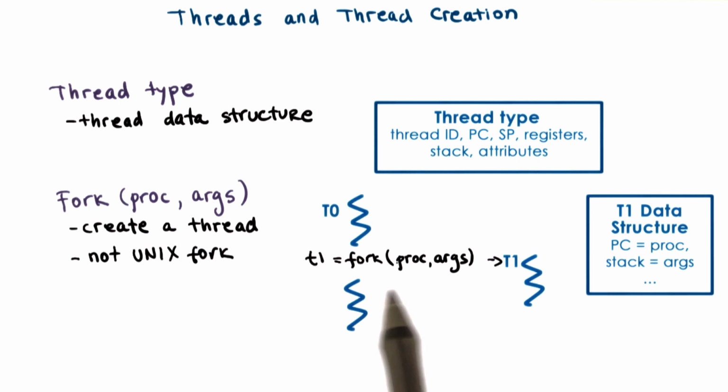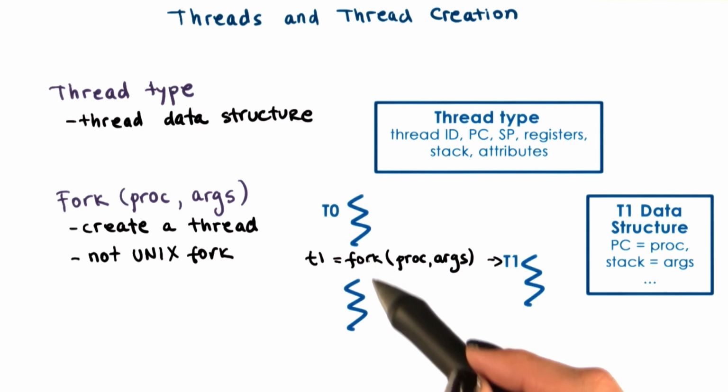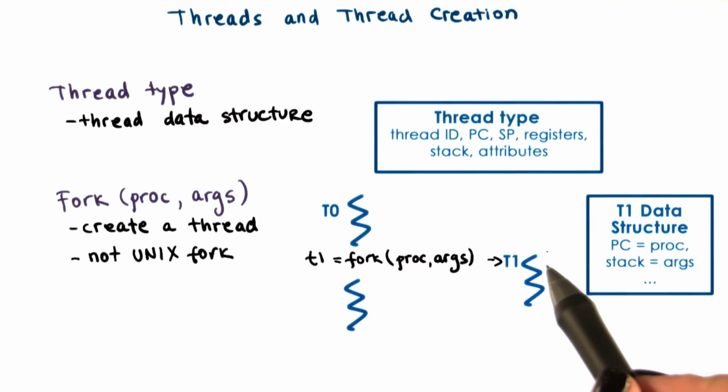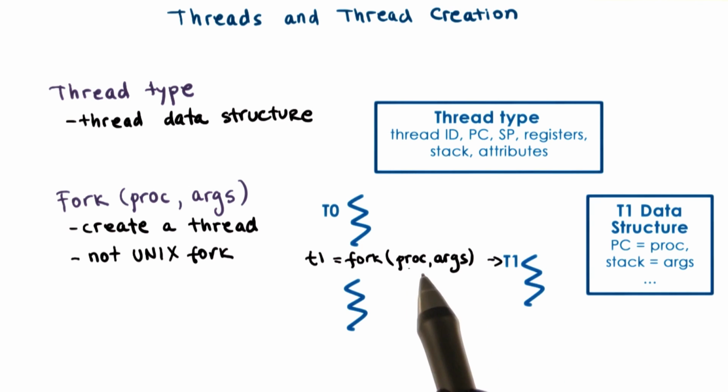After the fork operation completes, the process as a whole has two threads, T0, the parent thread, and T1, and these can both execute concurrently. T0 will execute the next operation after the fork call, and T1 will start executing with the first instruction in proc and with the specified arguments.